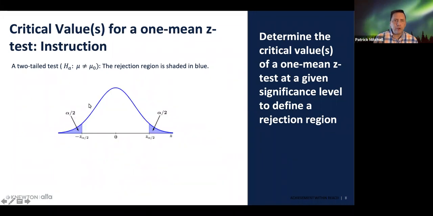And finally, a two-tailed test, where the alternative hypothesis says that mu does not equal a specific number, is on both sides. If your calculated test statistic comes out anywhere up here or down here, you will reject your null hypothesis. If it comes out anywhere in the white area, you will fail to reject your null hypothesis.